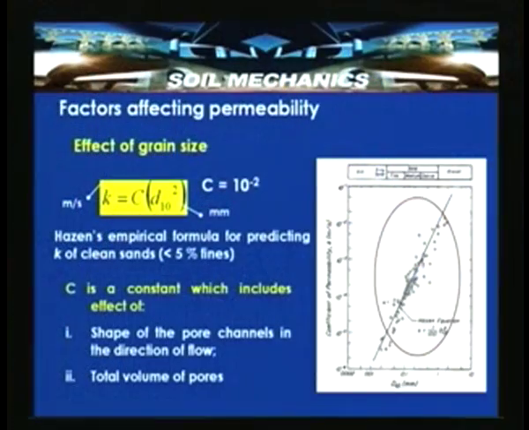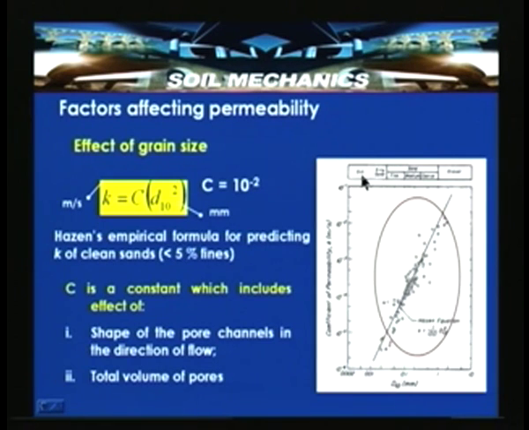Hazen proposed a correlation based on permeability values determined with sands or soils having different effective particle sizes. In this graph, D10 is plotted on a logarithmic scale and the coefficient of permeability k in meter per second is plotted on the y axis.